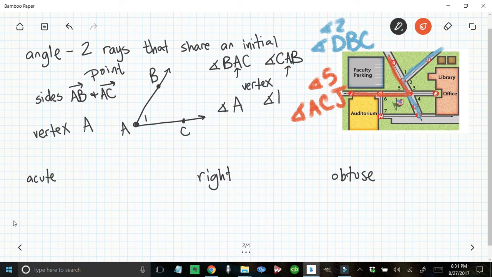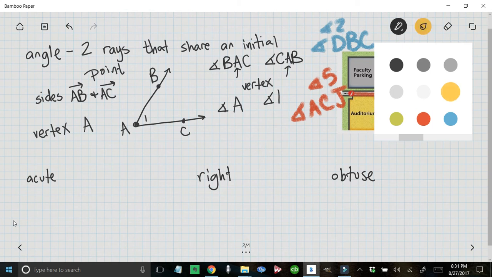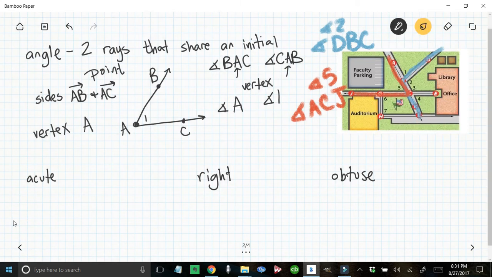Okay, looking at the same picture here, we have some different ways that we can talk about these different angles, and these words I'm sure I'll just review, but we have different acute angles. So acute angles are angles that are less than 90 degrees.